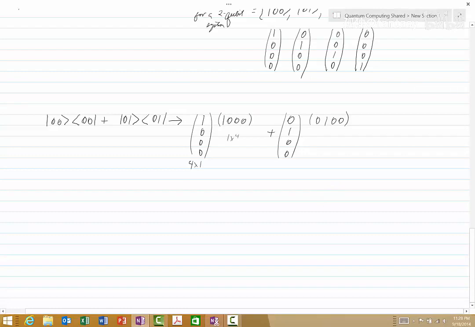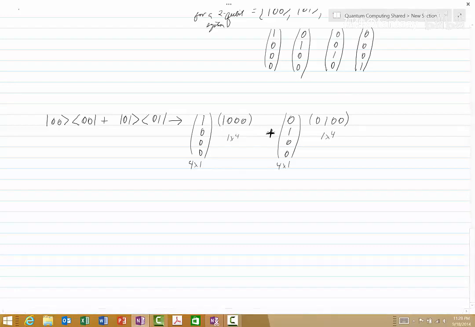This is 1 by 4. This is 4 by 1, 1 by 4. So the dimensions all work out to be correct, and we expect to get 2 4 by 4 matrices, which we will then add together, since this is an addition sign, to get finally one 4 by 4 matrix.